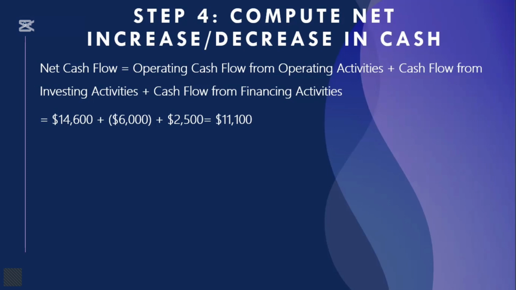And in this case now, it is going to be 14,600, which is our cash flow from operating activities, plus our negative 6,000, which was our cash flow from investing activities, plus our 2,500, which was our cash flow from financing activities, giving us our total of 11,100.